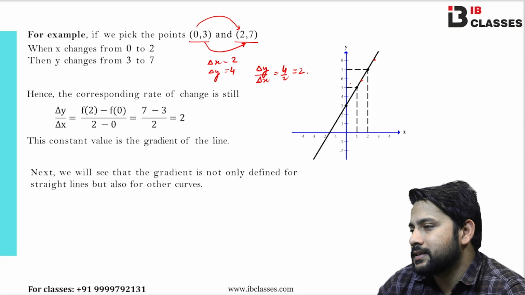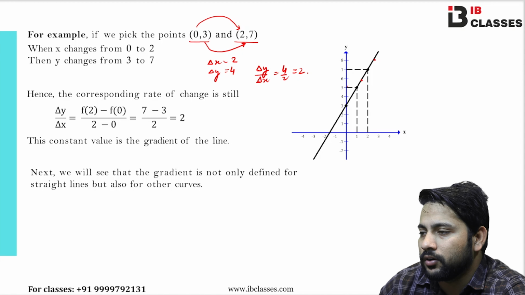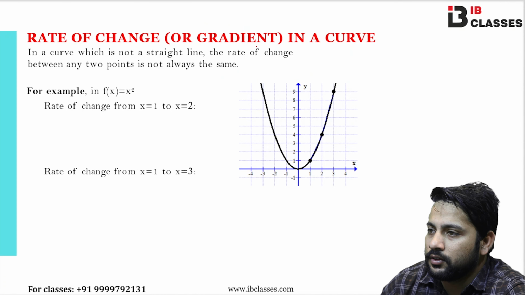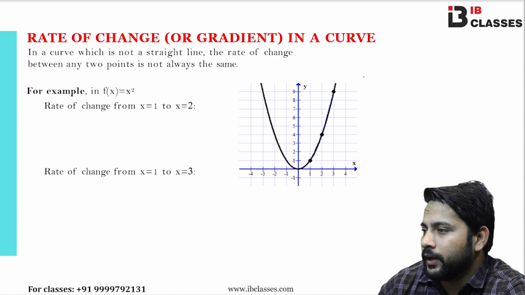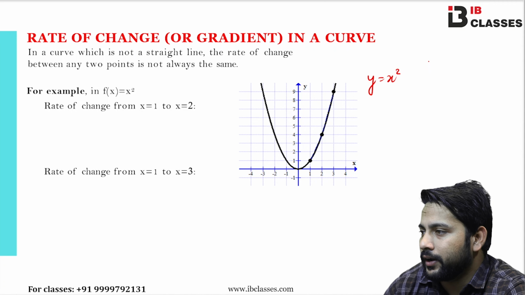So here we discussed the gradient of a straight line, and we can also find the gradient of any curve. For the rate of change or gradient on a curve, we are given the curve y equals x square. This is a quadratic function.